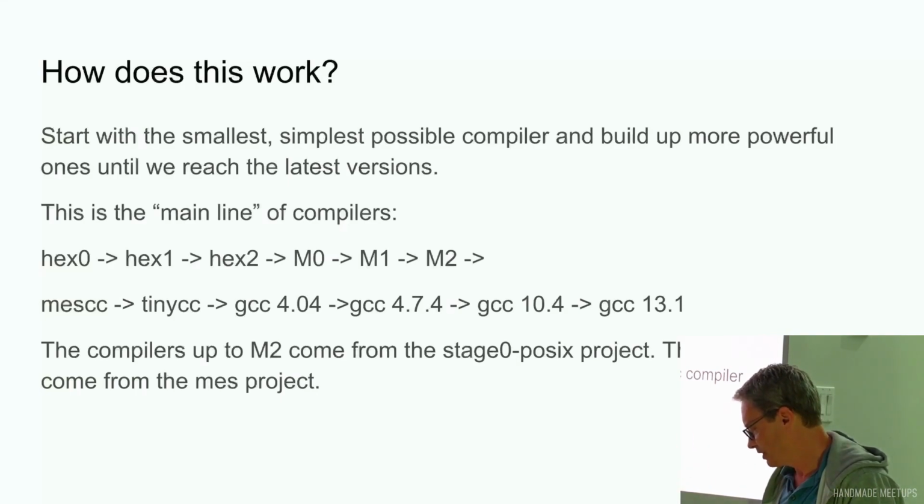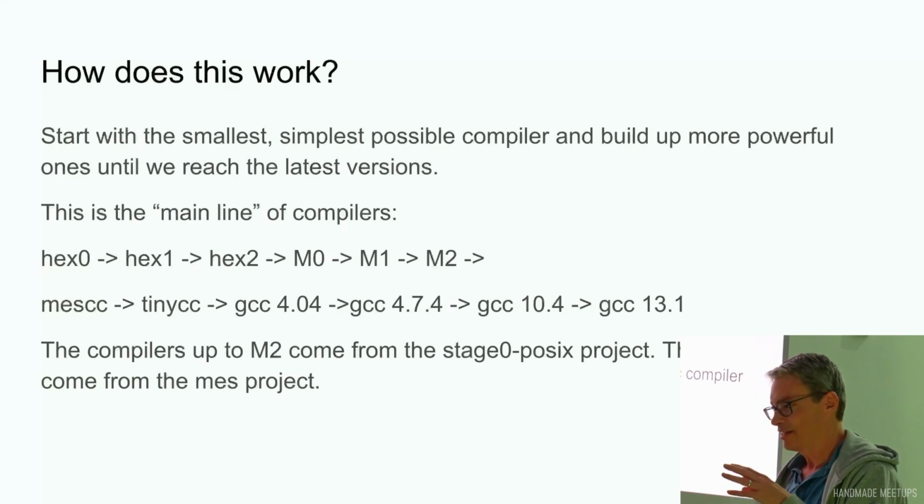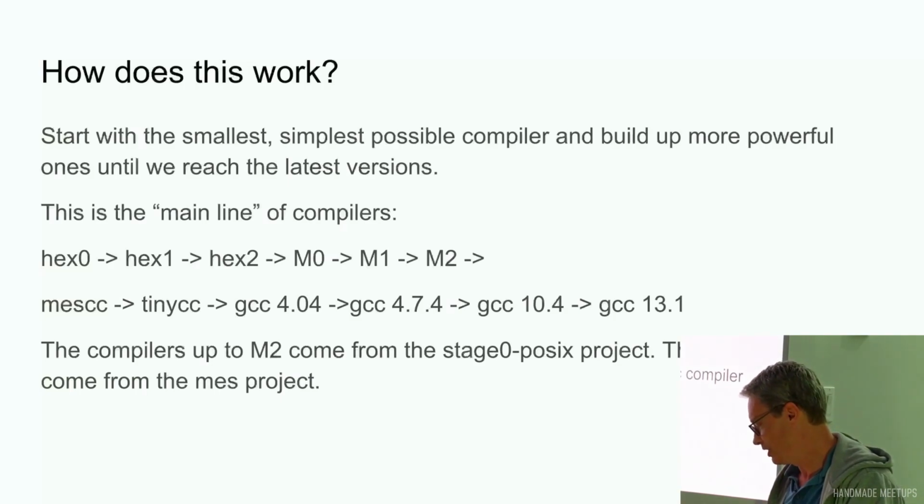So it starts off with this hex0 and then builds this hex1 compiler, which all it does is have some labels in it. It has the ability to have jump labels. And then hex2 has a variety of different relative and absolute types of labels that you can compile into your still hexadecimal raw code.